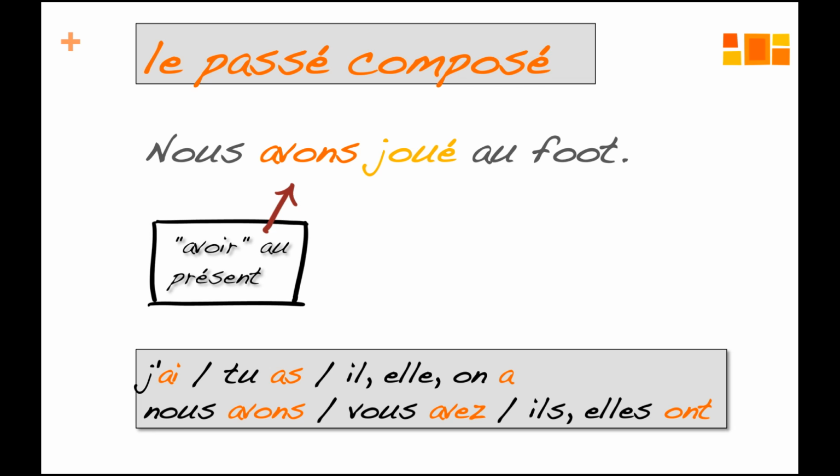So these are the forms that you need: j'ai, tu as, il, elle, on a, and then nous avons, vous avez, ils, elles ont. So your first part of the passé composé produced with avoir is avoir au présent.